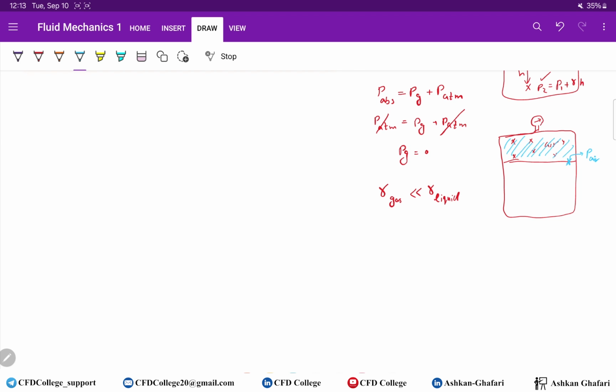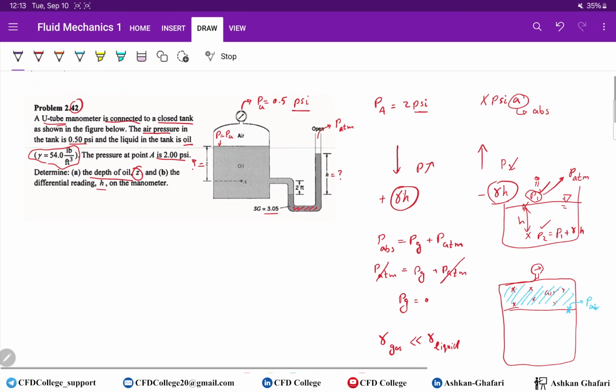Okay, so now we can solve the problem. In these kinds of problems, you have to find your key points first. Any interface is a key point in fluid mechanics. So here we have an interface between air and oil. Here we have an interface between these liquids.